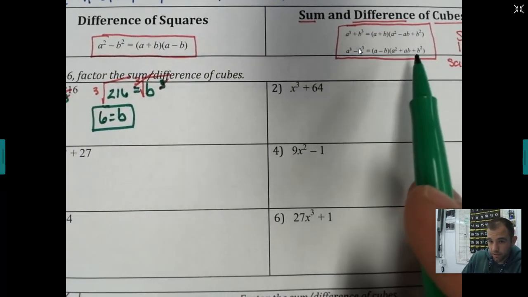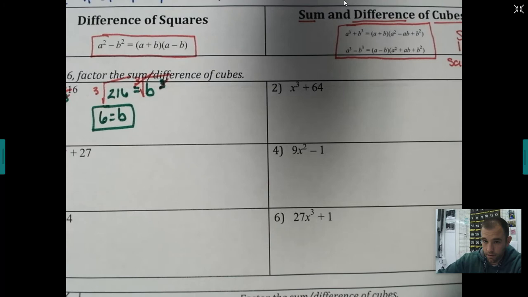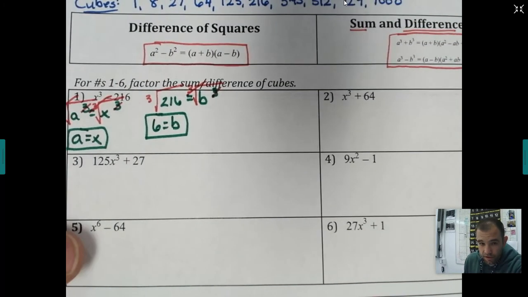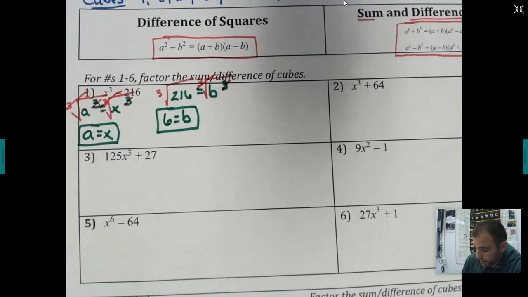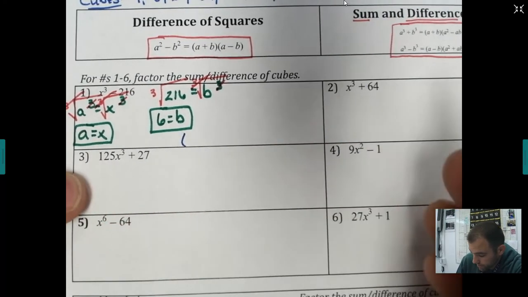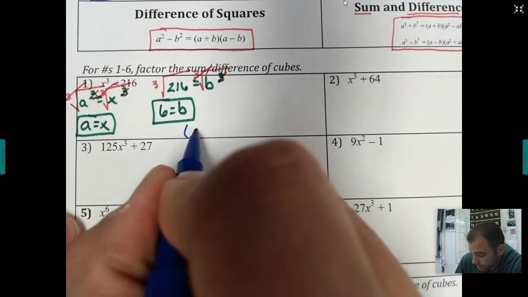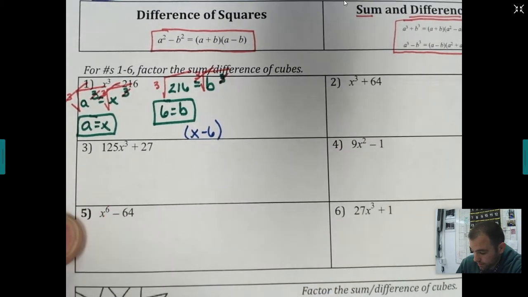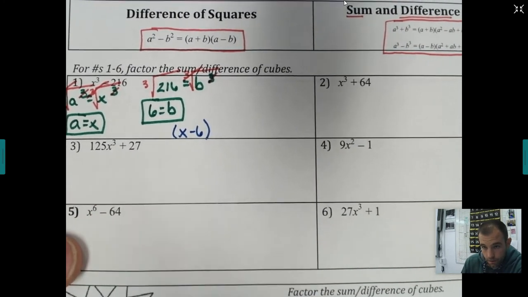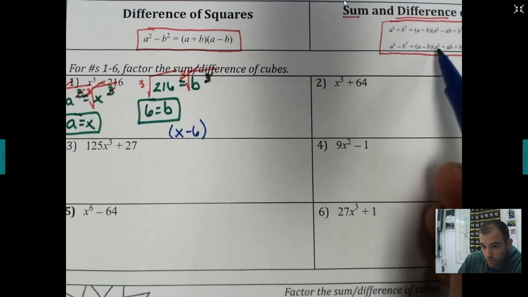I just plug them into this equation right here, where they belong. If I plugged them in, it would give me, in parentheses, the first one says a minus b. Well, a is x, b is 6, so x minus 6. Then it says a squared.